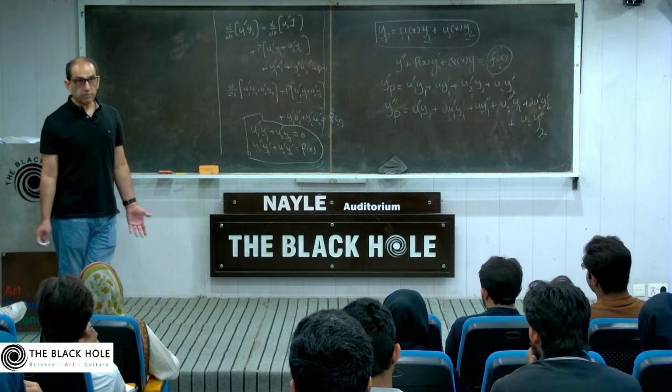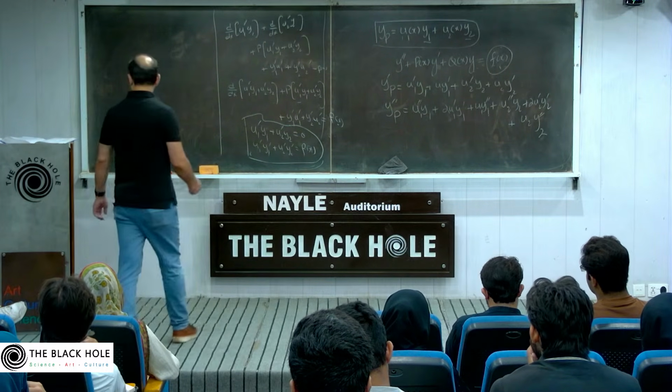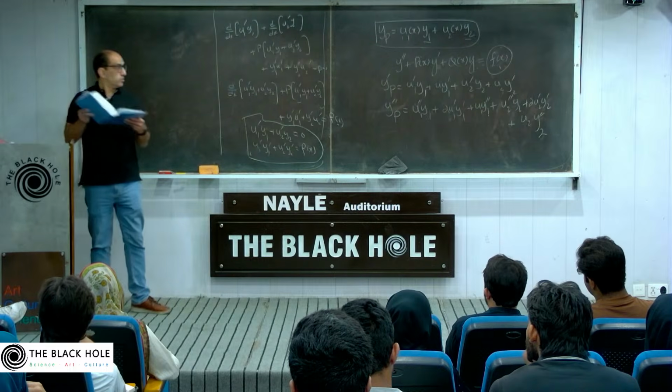So Cramer's rule is the one where you can find out. I'm just writing down the solution.